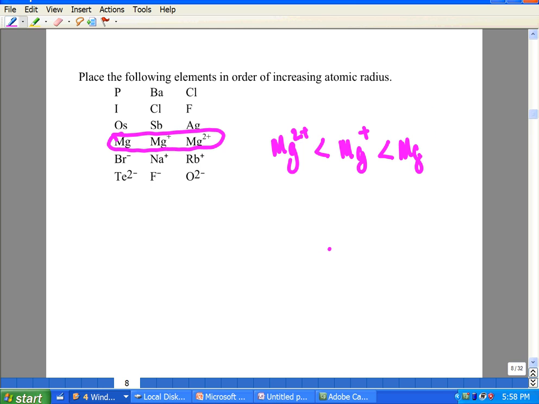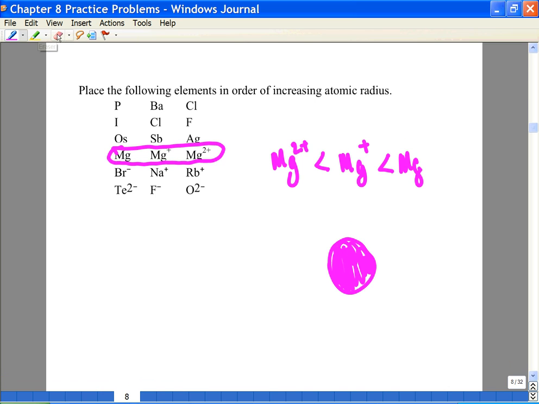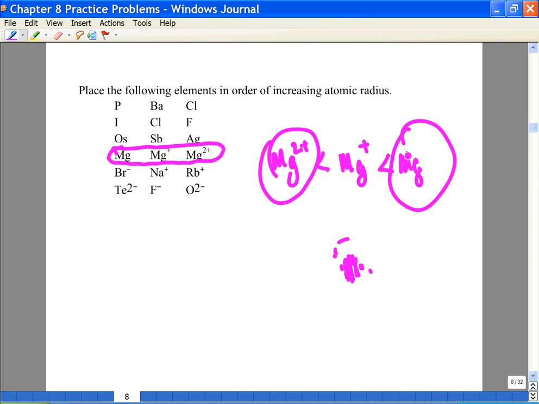And the reason that is, remember we said that when you start out with an atom of a certain size, when you create a cation, each time you remove electron density, it gets smaller. And then as you continue to remove electron density, it gets even smaller. So this one has the largest amount of electron density removed. And this one has no electron density removed.